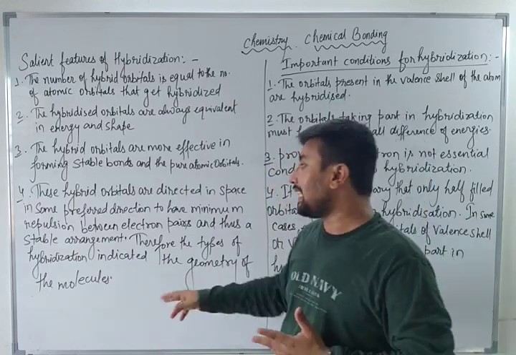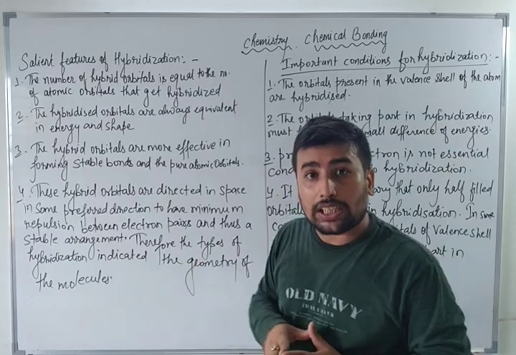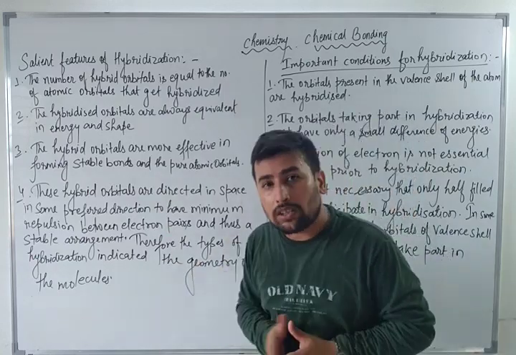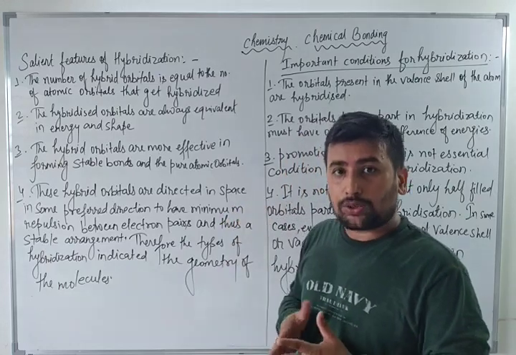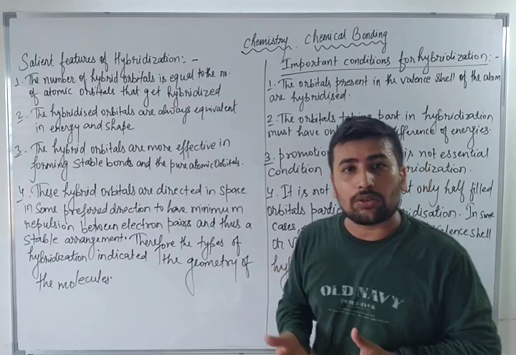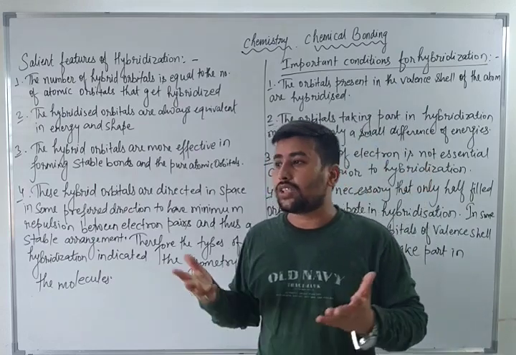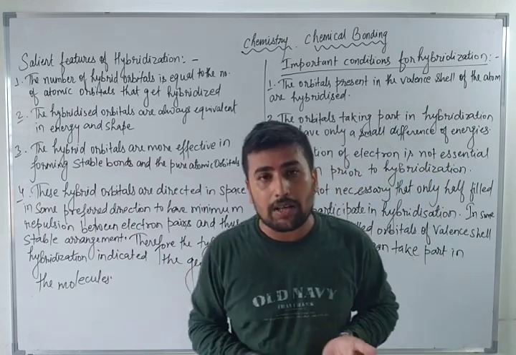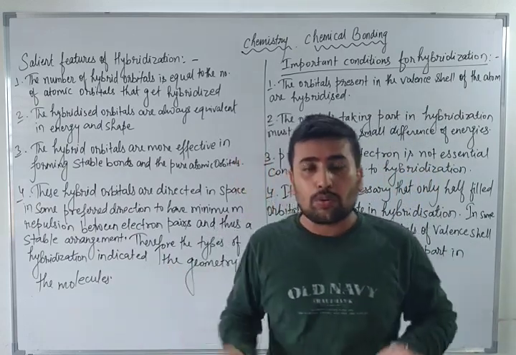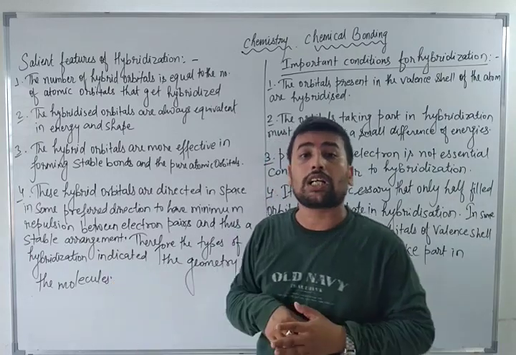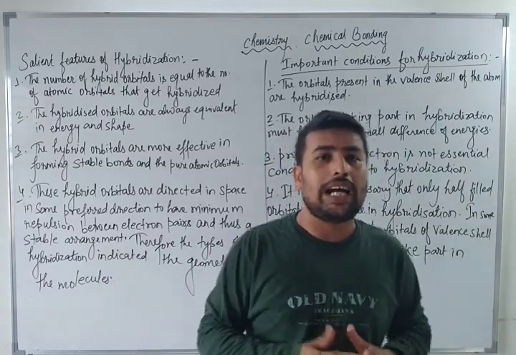This hybridization will give the confirmation of the geometry of the molecules, as we have learned in the VSEPR theory how to predict the geometry: linear, triangular planar, then tetrahedral, then trigonal bipyramidal, octahedral, square planar. So here the hybridization will give you the confirmation about the geometry and the shape of the molecules.